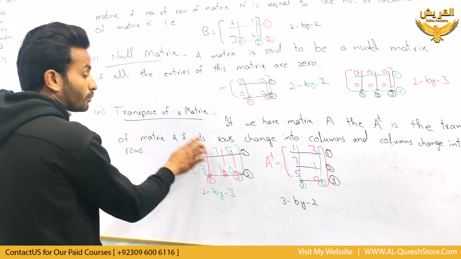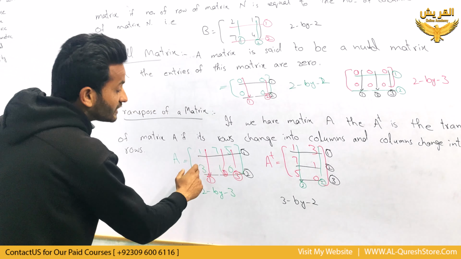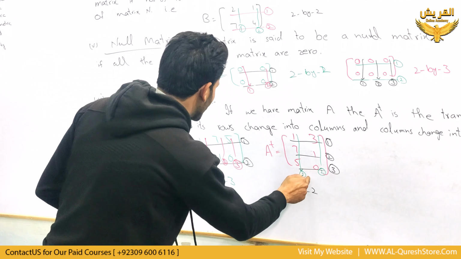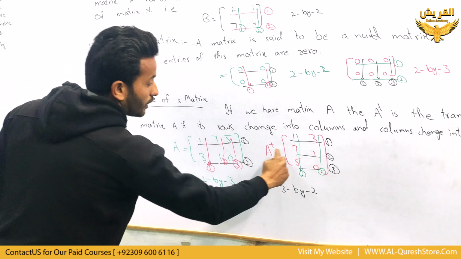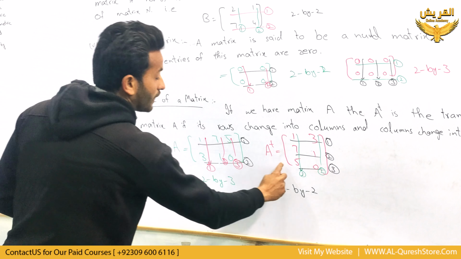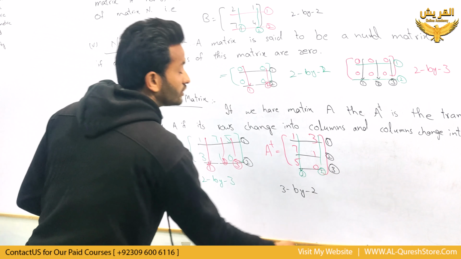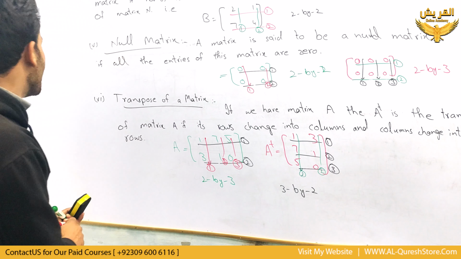So it is the transpose of a matrix if rows change into columns and columns change into rows. As 1, 7, 5 is the first row of A transpose, 3, 1, 0 is the second row, wait: 1, 3 is the first row of A, 7, 1 is the second row, 5, 0 is the third row in A transpose. So this is called the transpose of a matrix.